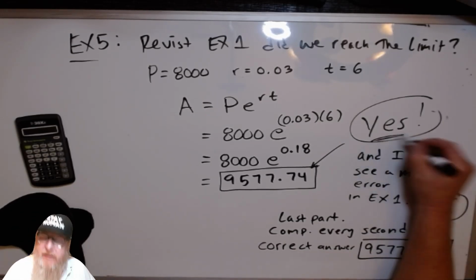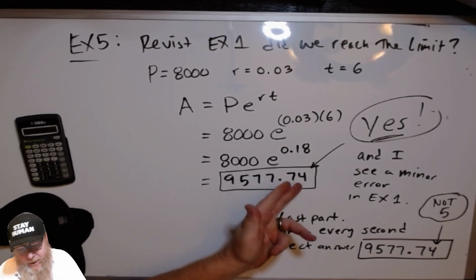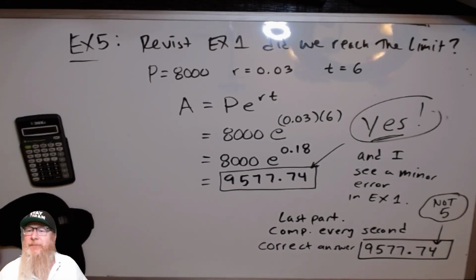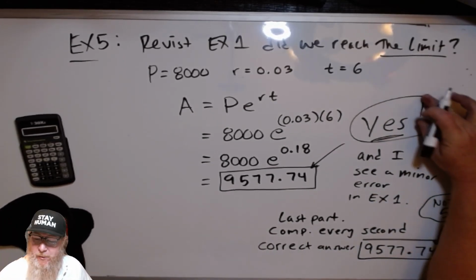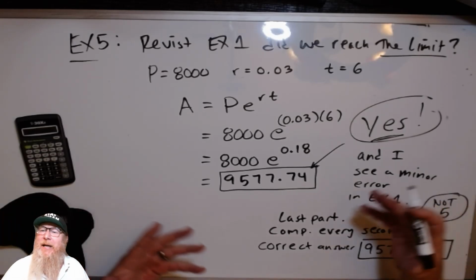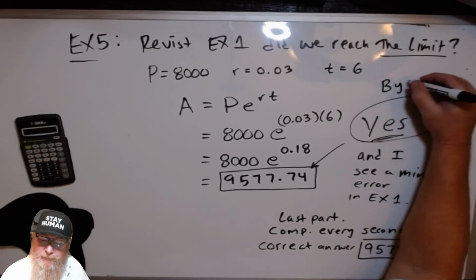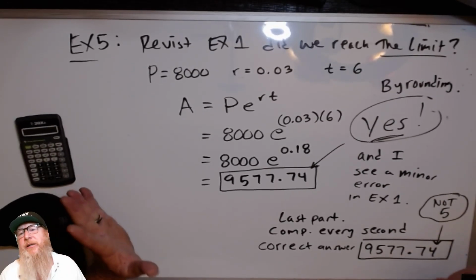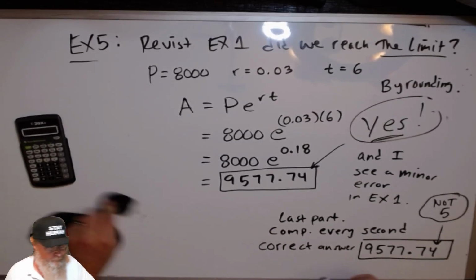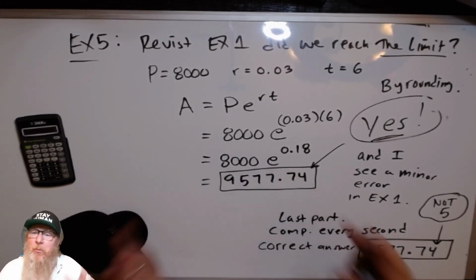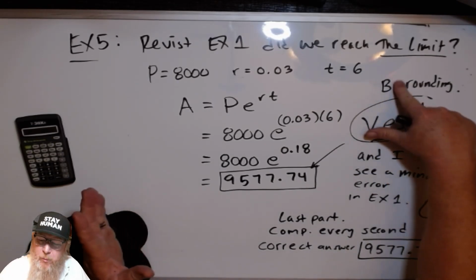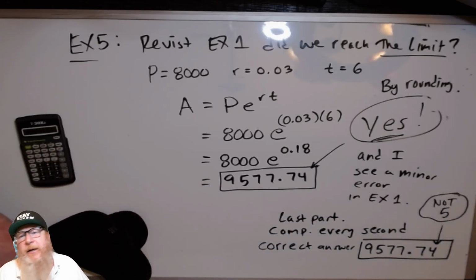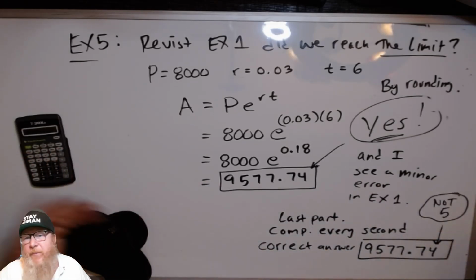So the answer is yes, we did in fact reach the limit. We reached the limit by rounding. Okay, so sort of yes, we reached the limit by rounding. We never actually reach the limit, because if we don't round the decimals, then you will never reach the actual limit, because the decimals just keep going and going and going, and they keep changing, and they're not repeating.